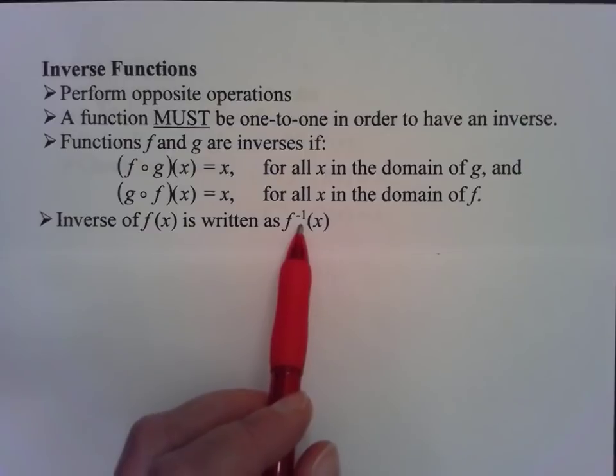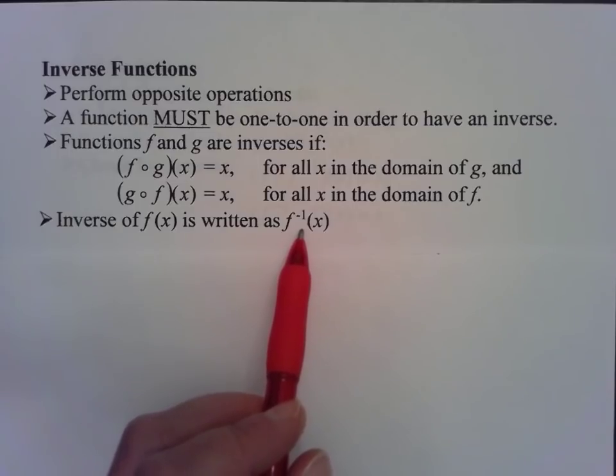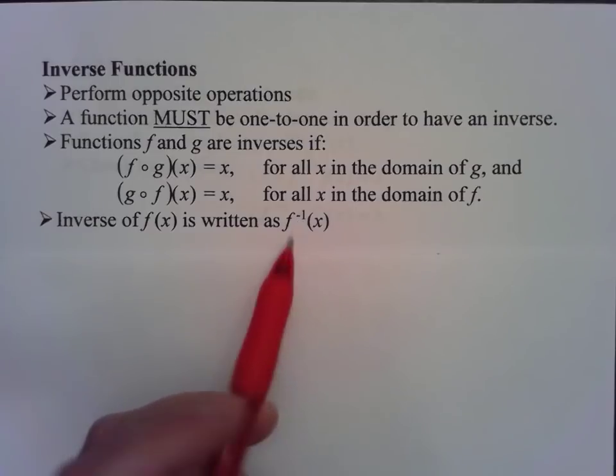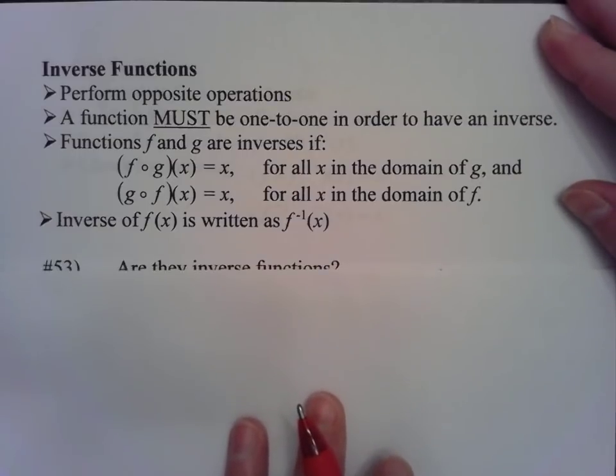This is not an exponent, even though it looks just like an exponent. Remember, f is the name of the function. So this -1 here represents the fact that it's an inverse, or the opposite.